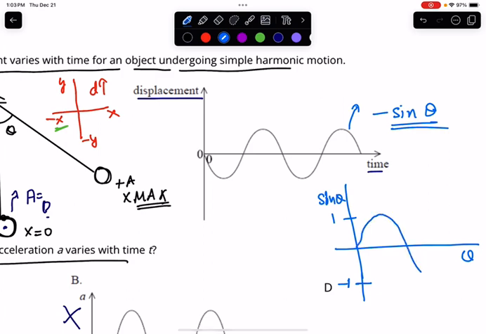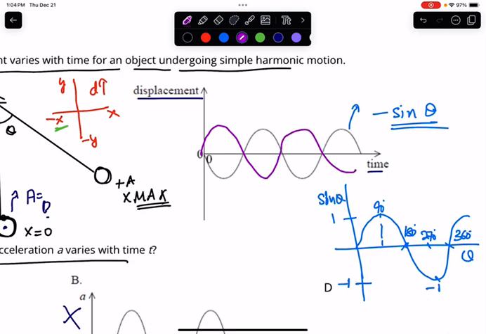It's going to be positive 1 at 90 degrees, then at 180 degrees it's going to be 0, at 270 degrees it will be negative 1, and then at 360 degrees it will be 0, okay? So if you graph a sine curve, it will follow this pattern. So this is what sine of theta is going to look like.